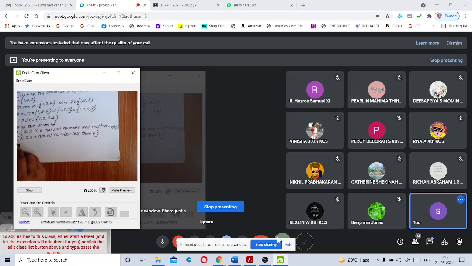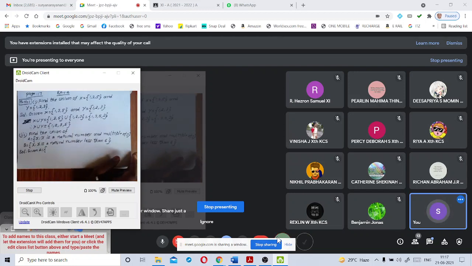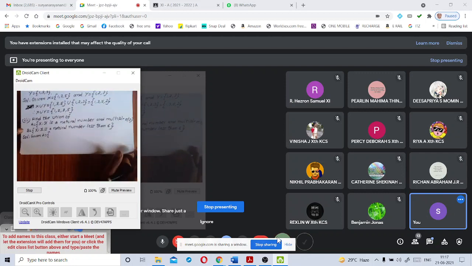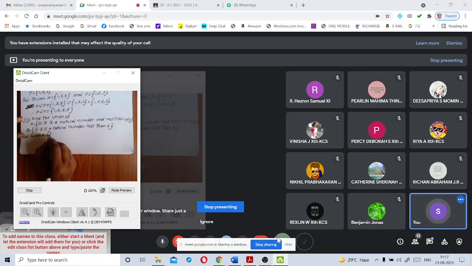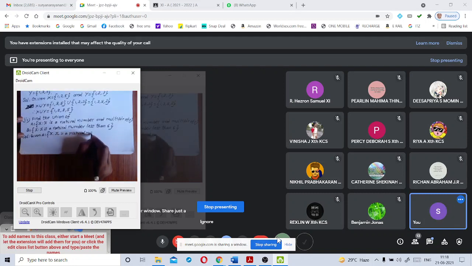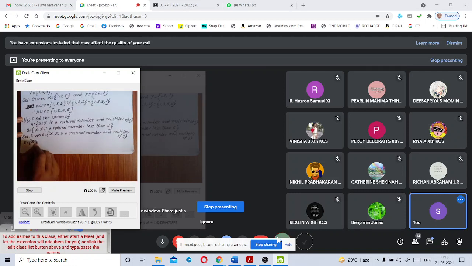Given A is equal to set of all x such that x is a natural number and multiple of 3, and B is equal to set of all x such that x is a natural number less than 6.